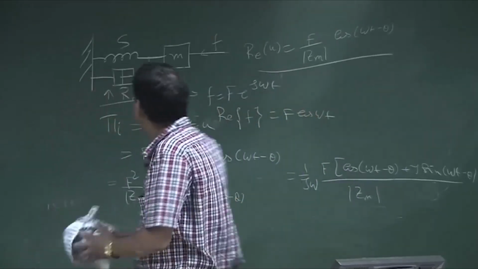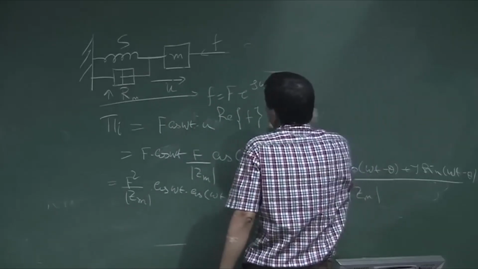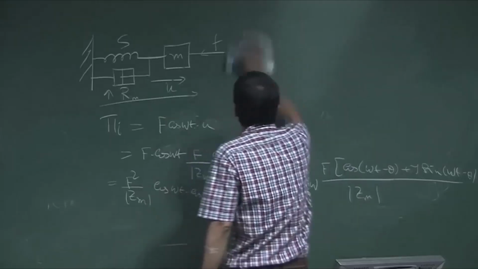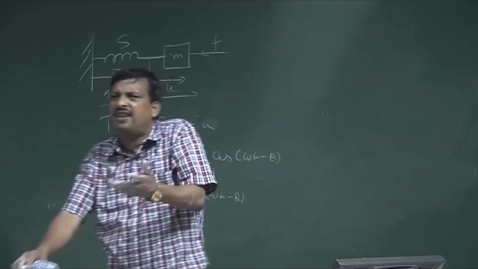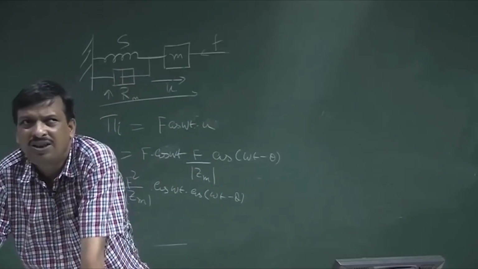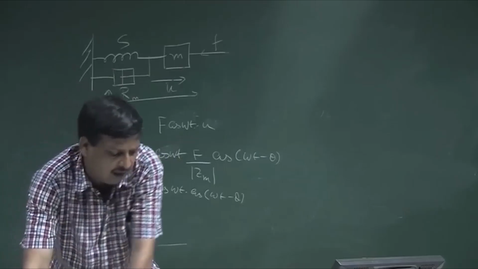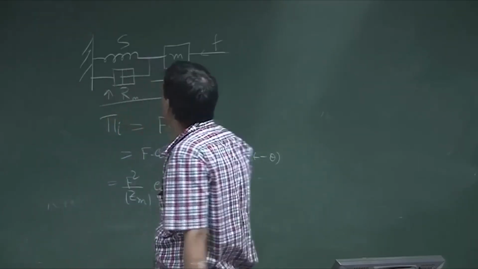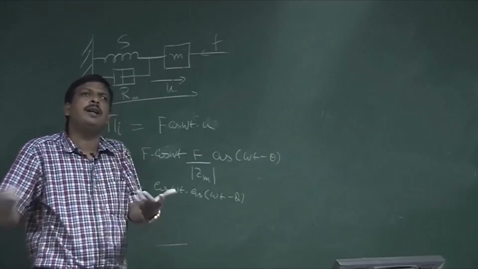Now, in real life applications, we do not talk about the instantaneous power. Instantaneous power, I do not know at which time, at any time the instantaneous power. So we use a term called average power. Then what is the average power? How do you calculate the average power? What do you mean by average power?